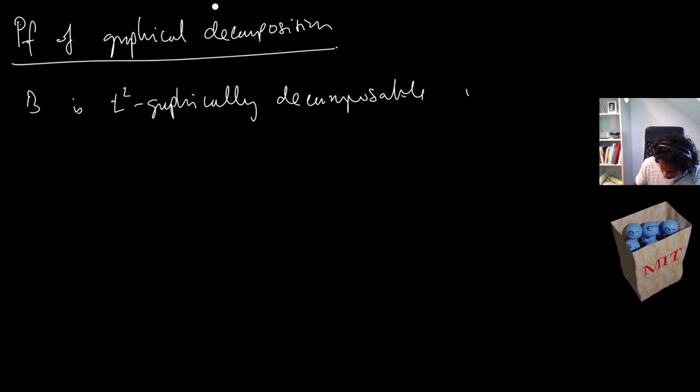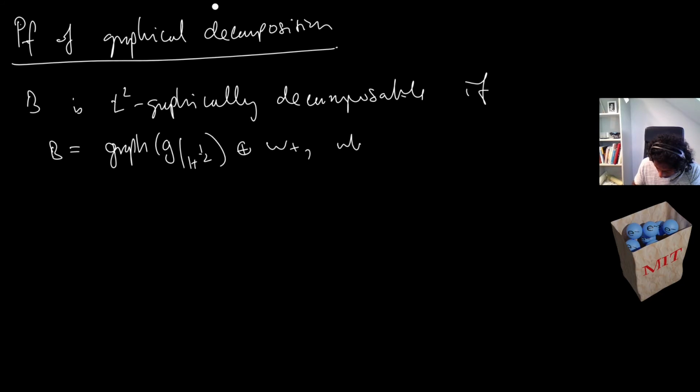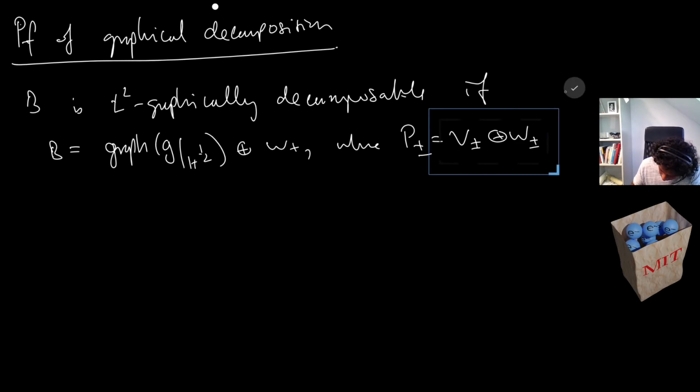Okay, so remember B is graphically decomposable, so B is L2 graphically decomposable if B is equal to the graph of a function g restricted to h half plus w plus, where we have that p plus minus is equal to v plus minus plus w plus minus, sorry, I should say L2 here.